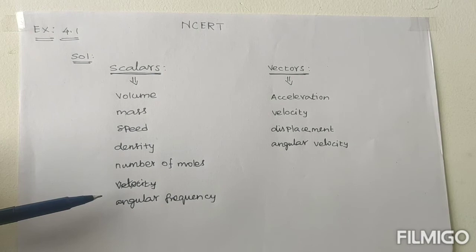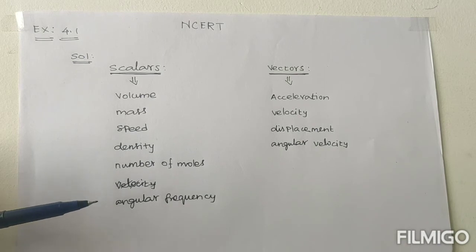Here the angular frequency we can mention by using the letter omega. If you focus on the unit also, actually it is per second only, so it is not direction based. So angular frequency is also one of the scalar quantities.